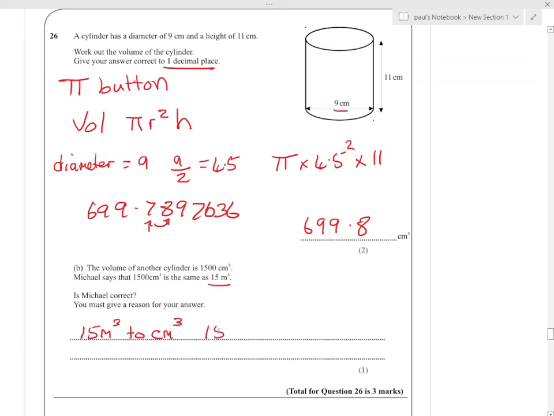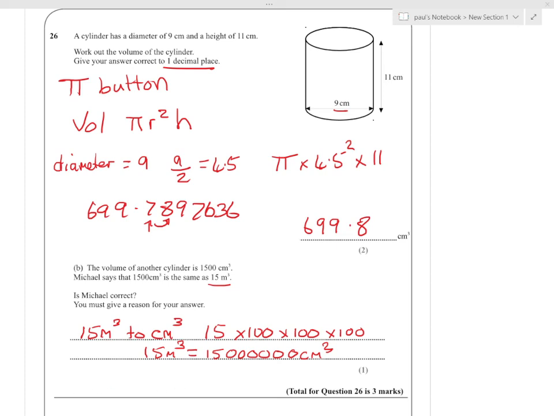So we go 15 times 100 once for a straight line, 100 twice for an area, and 100 3 times for a volume. So that will be 15, 1, 2, 3, 4, 5, 6 centimeters cubed. So 15 meters cubed equals that.